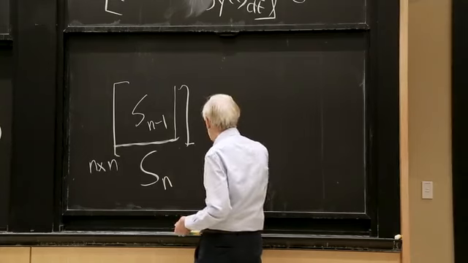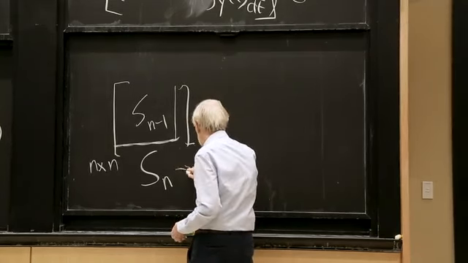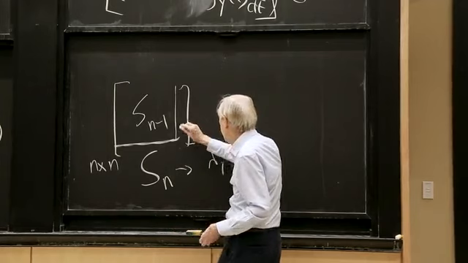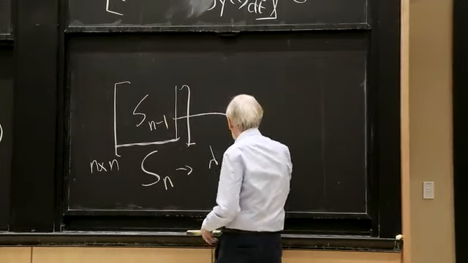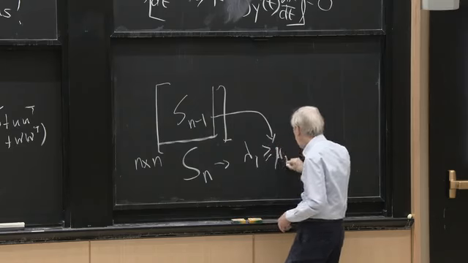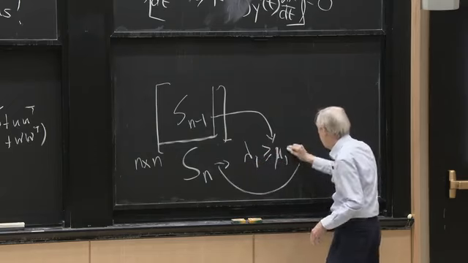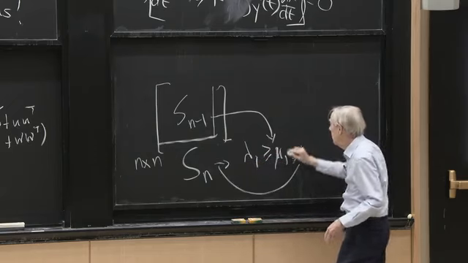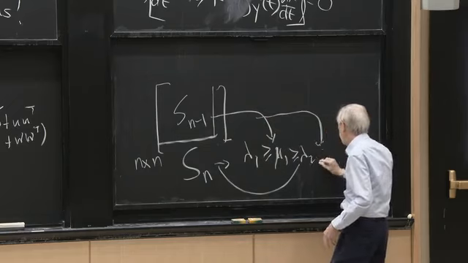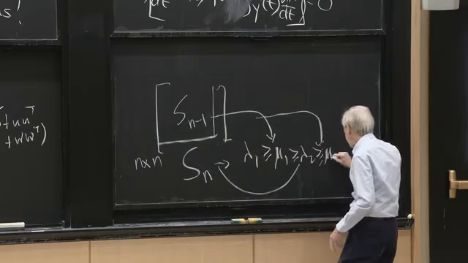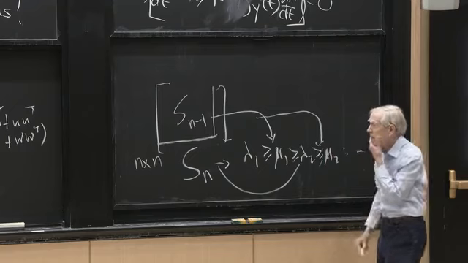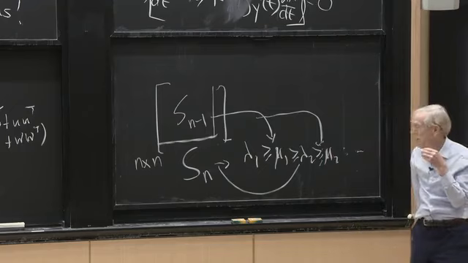So this has eigenvalue lambda 1. This would have an eigenvalue smaller than that. This would have an eigenvalue lambda 2. This would have an eigenvalue smaller than that, and so on. Just the same interlacing, and basically for the same reason.